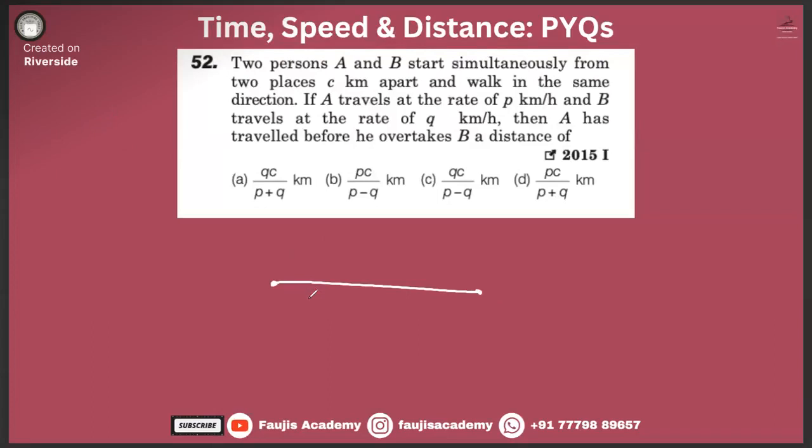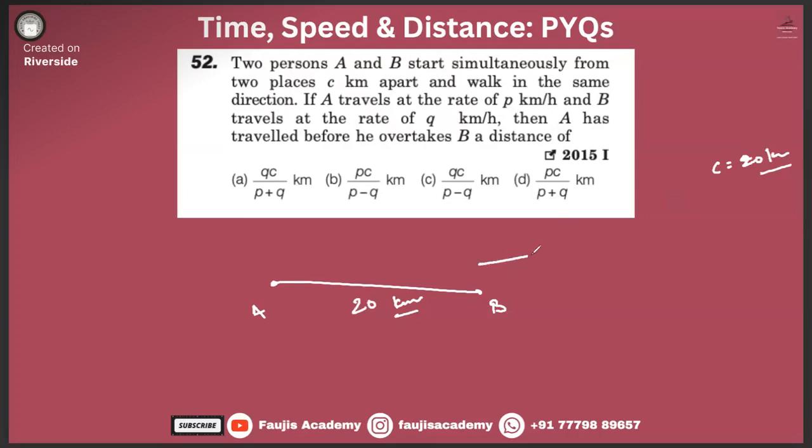Okay, let's assume A is here, B is here, and distance between them is let's say 20 km, right? Two persons A and B start simultaneously from two places 20 kilometers apart, and walk in the same direction.